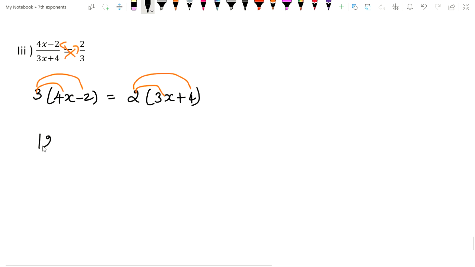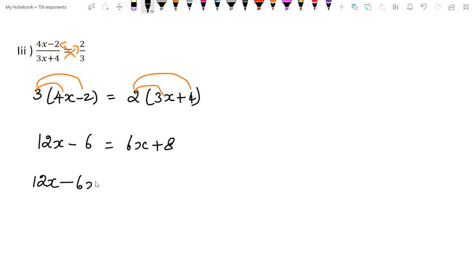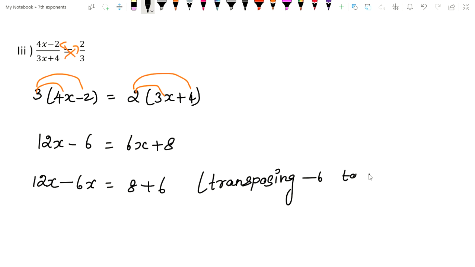So 12x minus 6 equal to 6x plus 8. 12x, the plus 6 will change to minus 6 on the other side. Minus 6 will change to plus 6 on the other side. So transposing minus 6 to RHS and 6x to LHS.